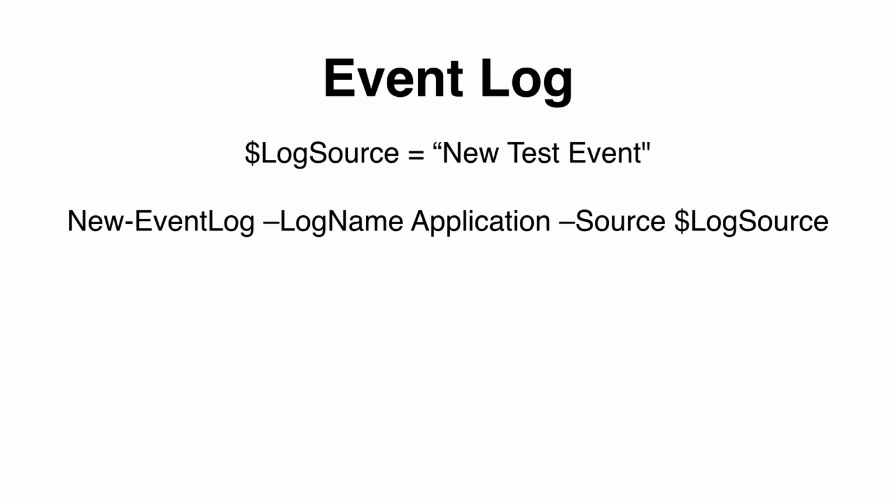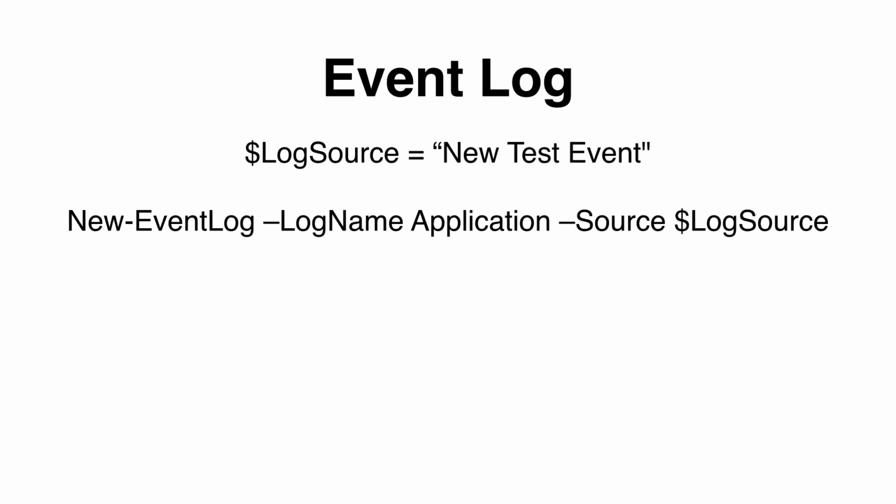Application, Security, Setup, System, and Forwarded Events are default values that have been specified by Microsoft. If you want to specify your own log name, you can do that by just writing a different name. This could also separate your events from the default application events that are written to the system.